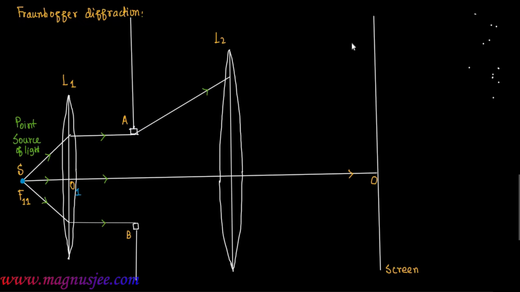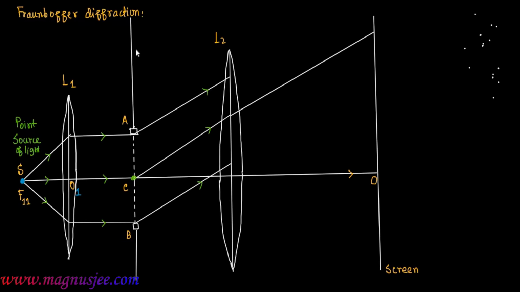At the sharp corners of the aperture AB, rays bend along this direction. These are the secondary wavelets or diffracted rays which bend at the sharp corners A and B. That means at the sharp corners A and B of the aperture, light will bend.